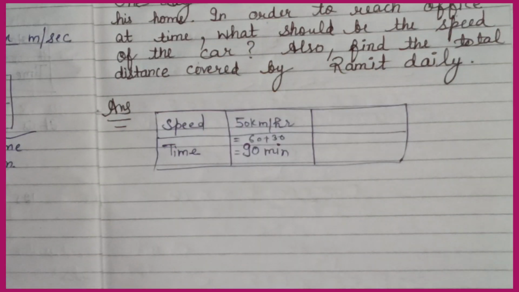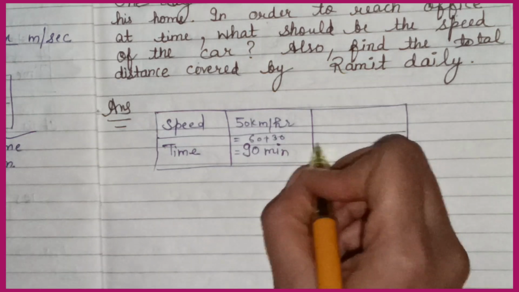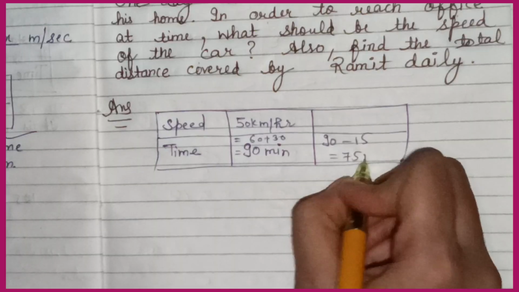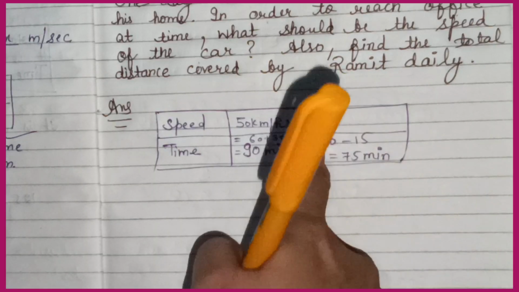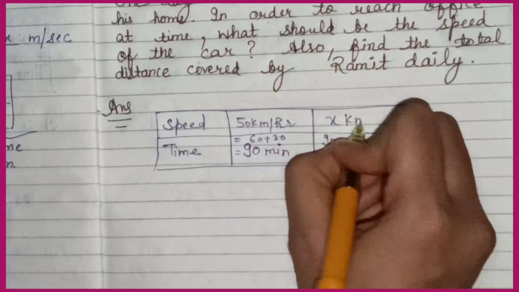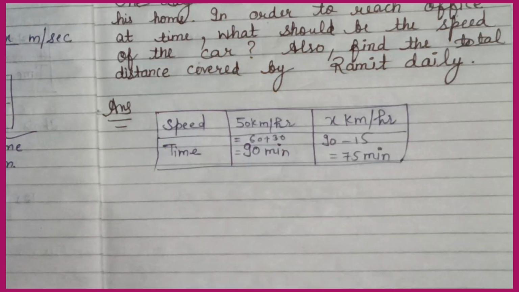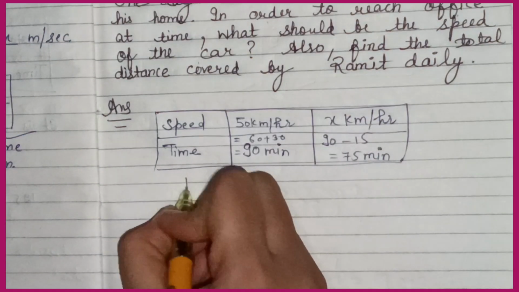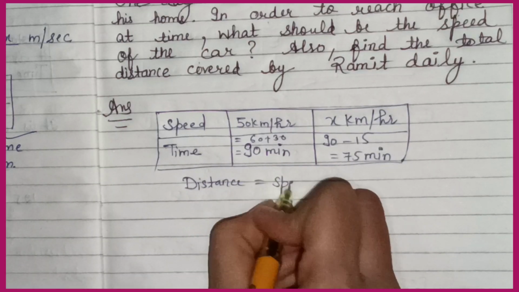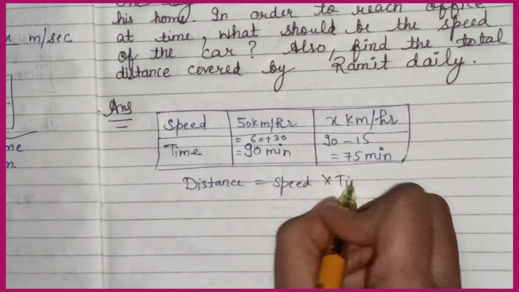And one day he was 15 minutes late from his home. So the time is 90 minutes minus 15 minutes, which is equal to 75 minutes. And let the speed here be x kilometer per hour. Here we know that distance is equal to speed multiplied by time.